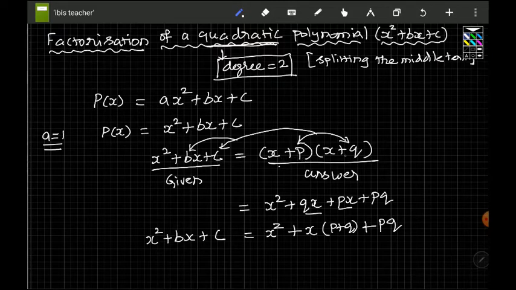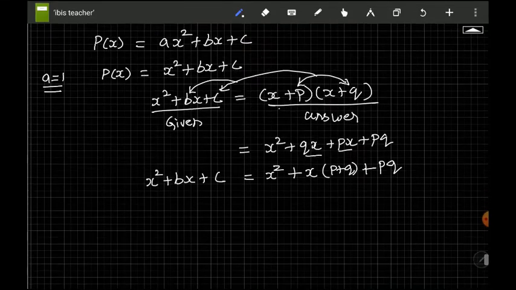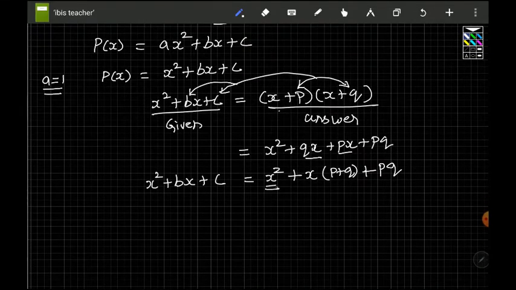Now x square plus bx plus c can be factorized as the product of x plus p and x plus q. If you compare, here x square and here also x square, here also x, here also x, here also a constant, here also a constant. Since left hand side is equal to right hand side, here we have 3 terms and here also we have 3 terms, each having the same unknown variables. Now compare the first term with first term, second term with second term.